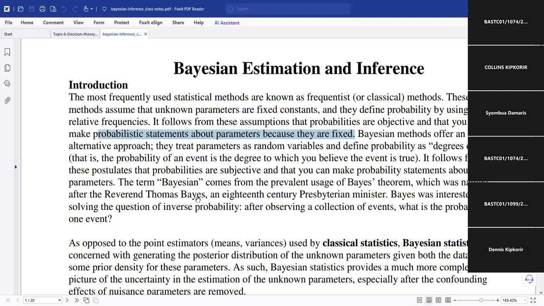Therefore, the term Bayesian comes from the prevalent Bayes theorem that gives us the probability of a particular action happening, given that another activity or another thing has already happened.